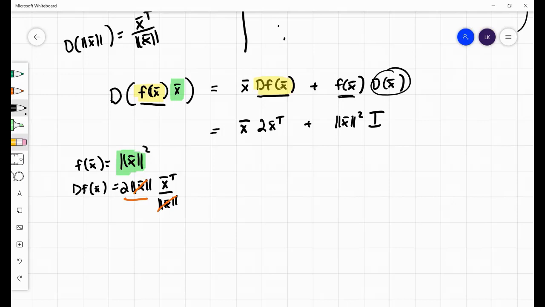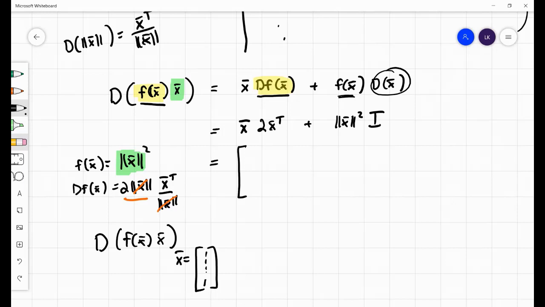Okay. So for example, if I want to evaluate this derivative specifically at the vector where all the components are 1s, then x is just a vector full of 1s. And this is 2 times x transpose.